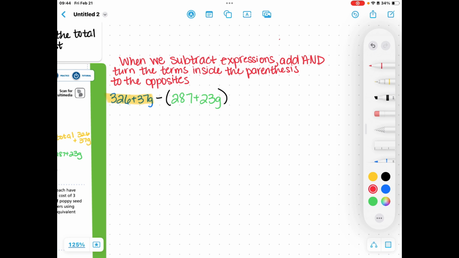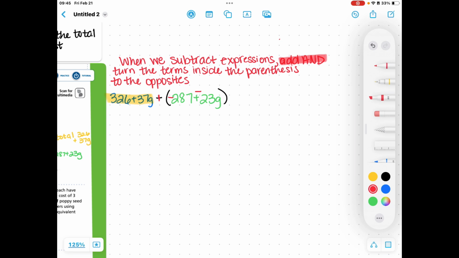Okay, so this total thing here says when we subtract expressions, add and turn the terms inside the parentheses to the opposites. Now, the reason I added this little bit here, add and, is because we have to turn this minus sign into addition. It also goes to its opposite. And then after that, we go opposite, opposite.